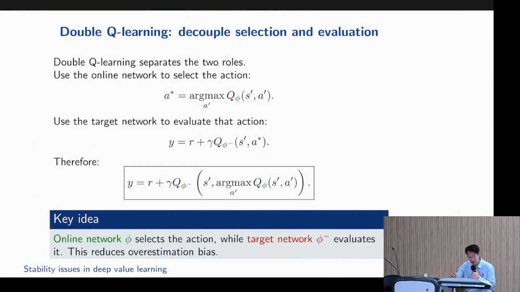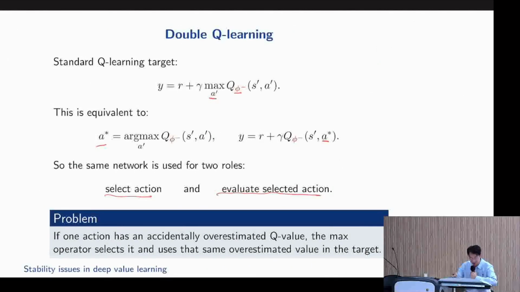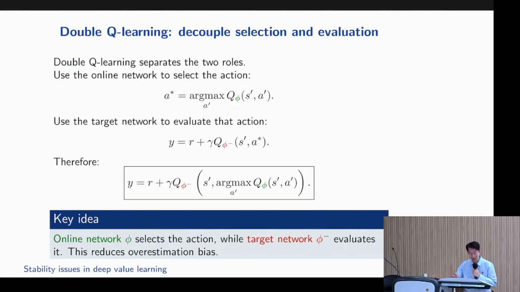So the idea in double Q-learning is to separate the two roles, action selection and value evaluation. For selecting the max target action, you're going to use the original network, the up-to-date network.